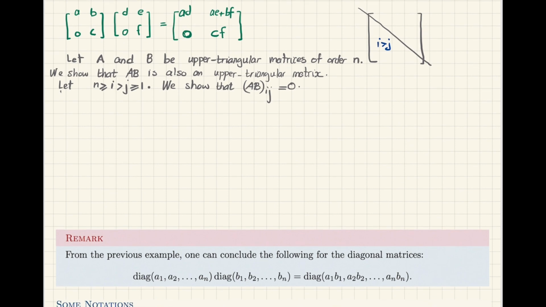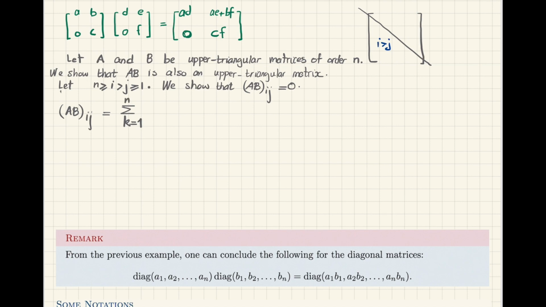But how can I show that? I have a formula for the product entry ij. Do you remember? The ij-th entry of AB is equal to a sigma. I choose a counter k for my sigma. It always starts with 1 and goes up to the number of columns of A, or equivalently the number of rows of B, but both are n by n, so it goes up to n.